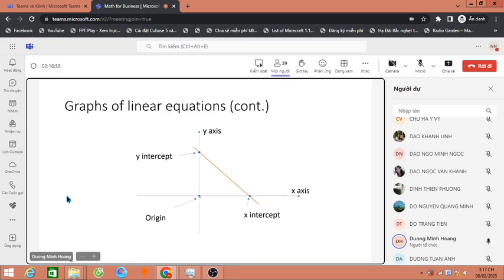And here we call the origin, which is where the x-axis crosses the y-axis. Where the function crosses the y-axis, we call the y-intercept. Where the function of the line crosses the x-axis, we call the x-intercept.